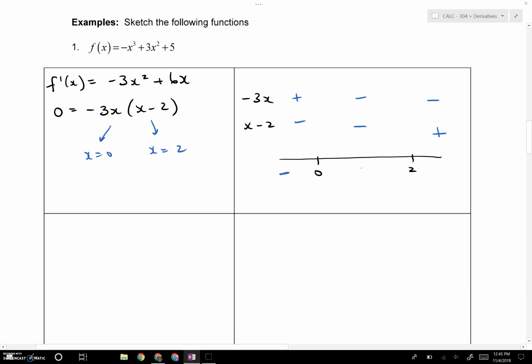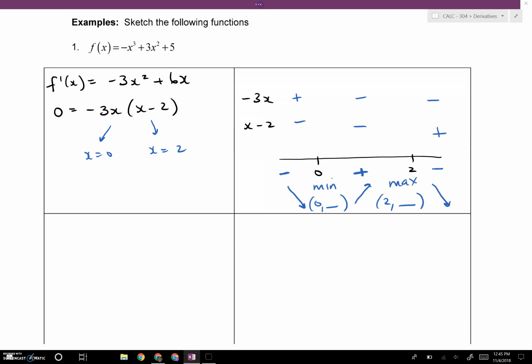So this is negative, positive, and then negative. So this graph is going down, and then up, and then down again. I have a minimum at 0 something, and I have a maximum at 2 something.